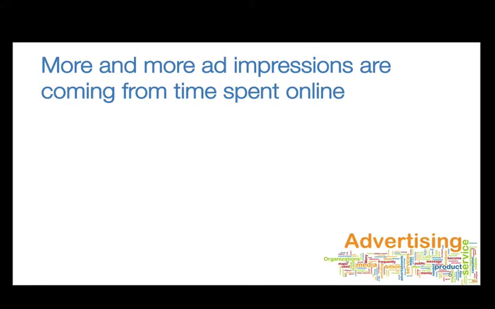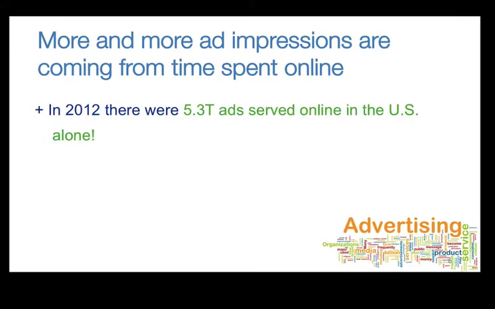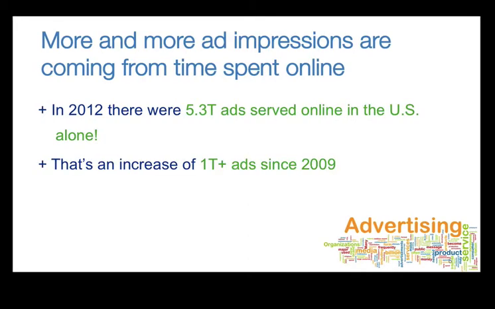We're seeing a lot of the ad impressions that people receive in their daily lives now happening online or on their digital devices in some way or another. In 2012, there were 5.3 trillion ads served online in the US alone. It's just an astonishing number. And it's an increase of over 1 trillion ads since 2009.